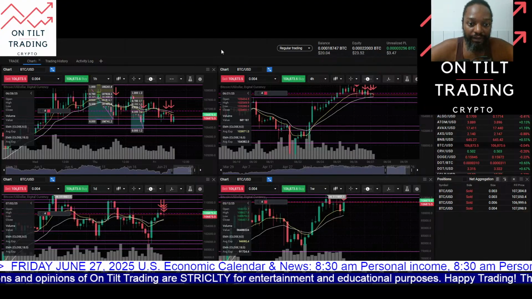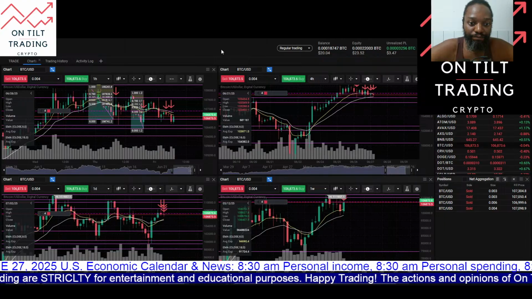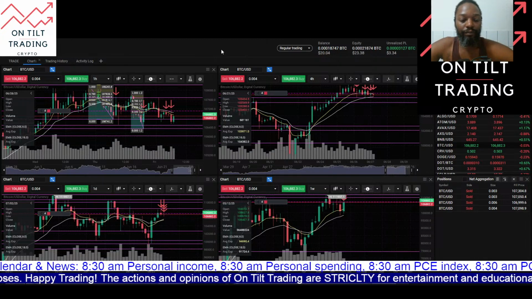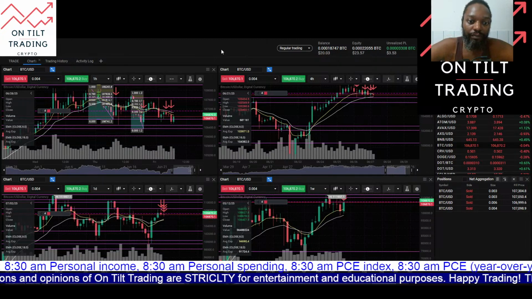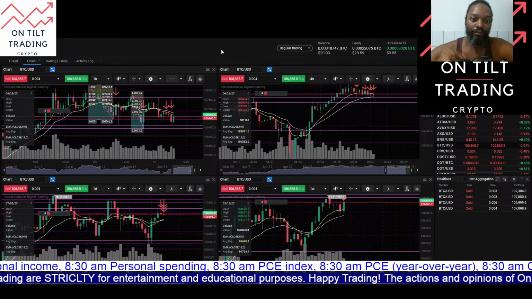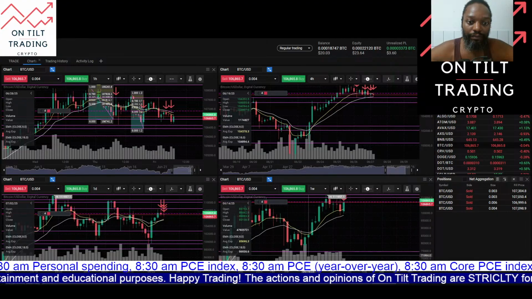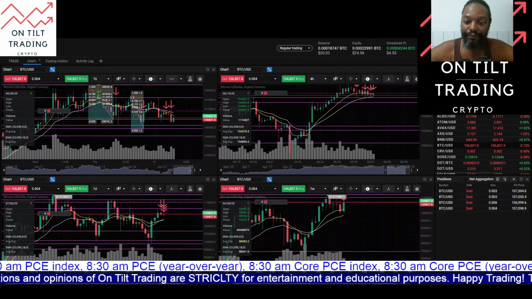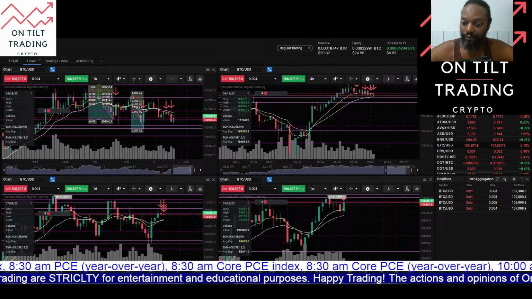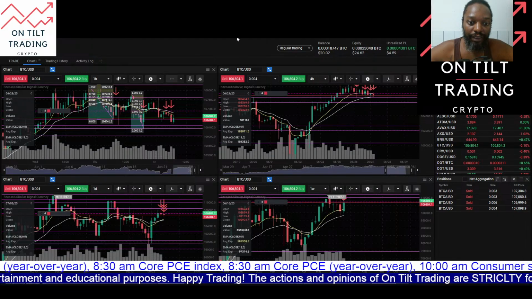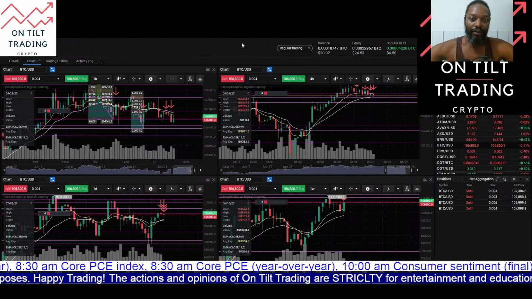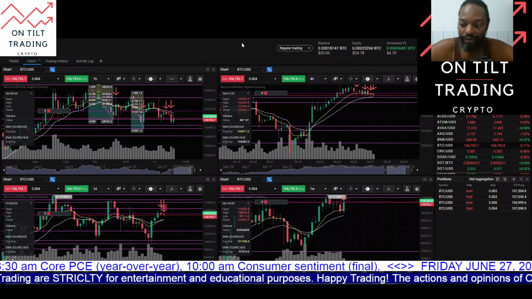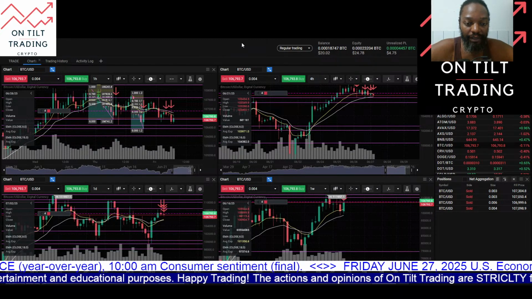Price being delivered to the sell side here. 106,880. $106,850. $106,800. Price currently being delivered to the sell side, with just under 20 minutes remaining in the current 60-minute candle.